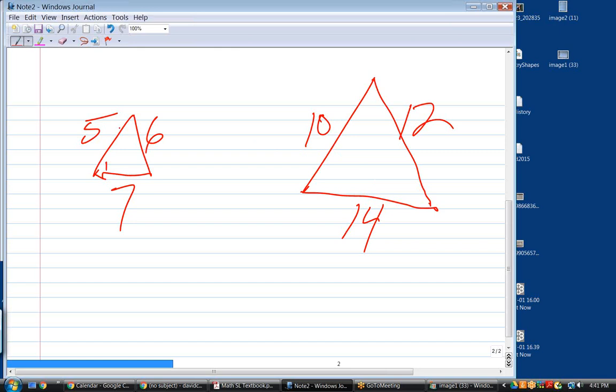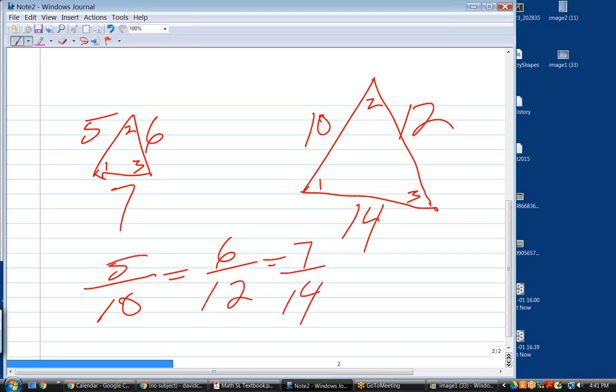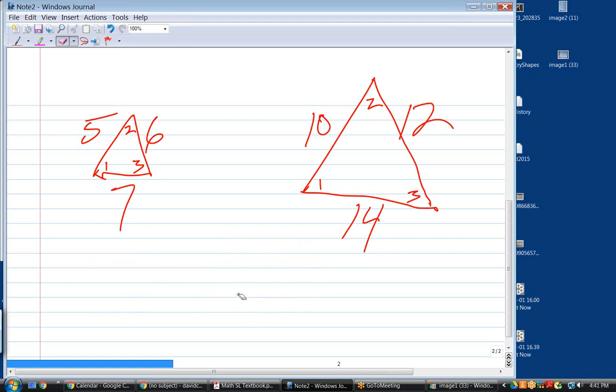In other words, if that's angle 1, angle 2, and angle 3, and it's the same as that angle 1, angle 2, and angle 3, then I can say that 5 is to 10, as 6 is to 12, as 7 is to 14. So you can say that the ratio of corresponding parts is always the same as long as triangles are similar.